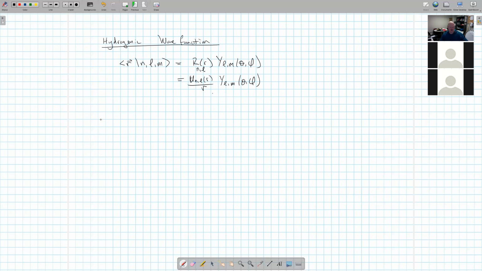To get a better idea of how this actually works, let's consider a couple of cases and build our wave functions to see what they should look like. For example, let's start with n equal to 1.